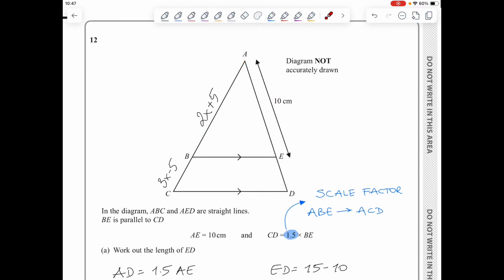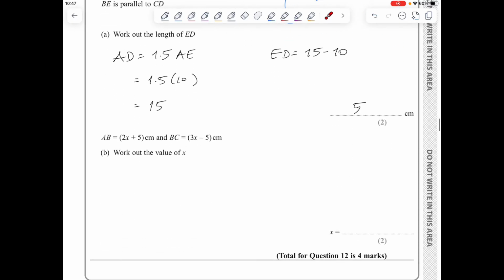Now AC, which is the long one, is equal to the sum of those two. So let's find this. So AC is equal to 2x plus 5 plus 3x minus 5, which gives me 5x. So AC is equal to 1.5 times AB.